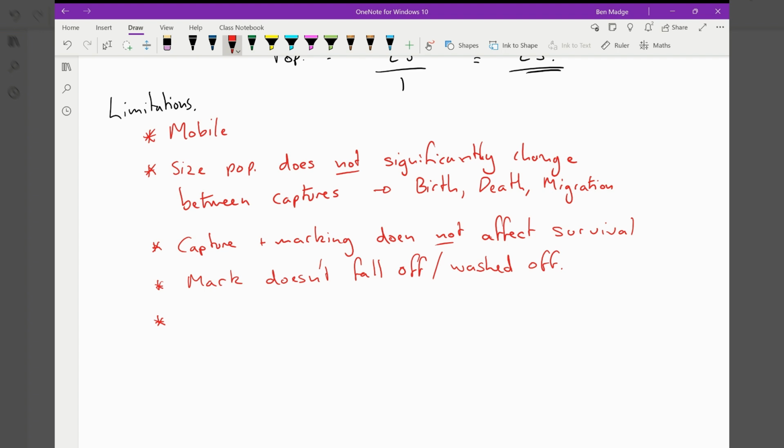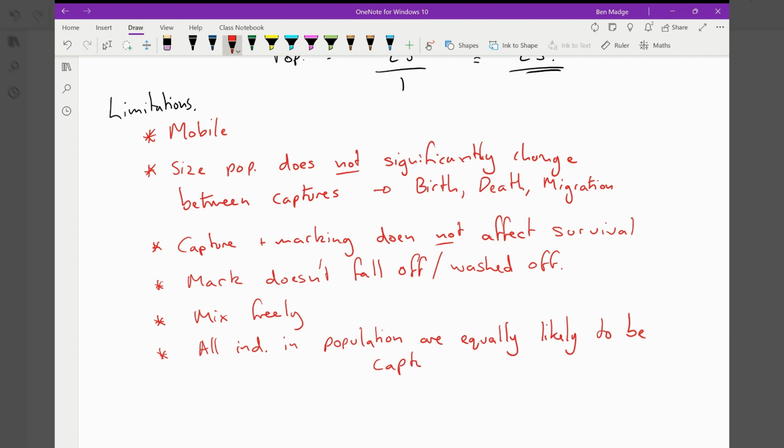That the marked individuals can mix freely so that your ratios aren't going to be thrown off, and that all individuals in a population are equally likely to be captured.